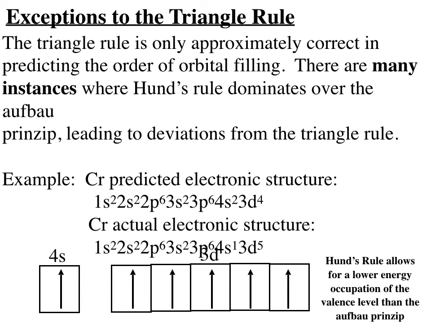For example, let's take the case of chromium. Chromium has 24 electrons total, and so if you draw out the triangle structure, you'd get 1s2, 2s2, 2p6, 3s2, 3p6, 4s2, 3d4.